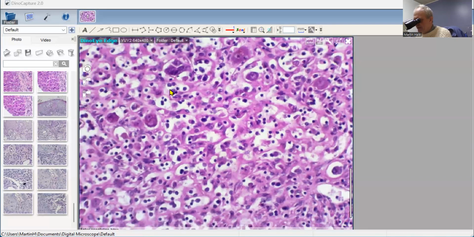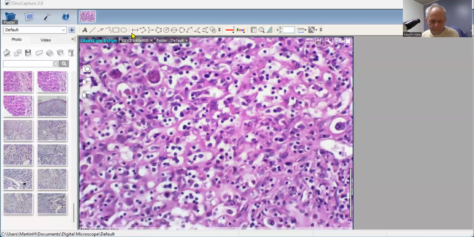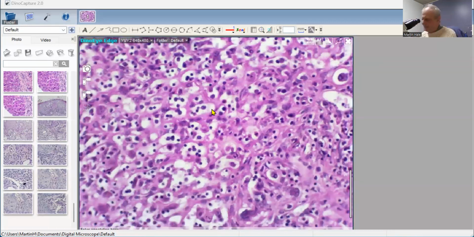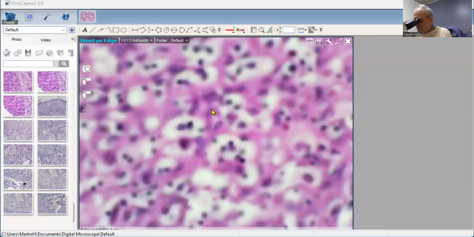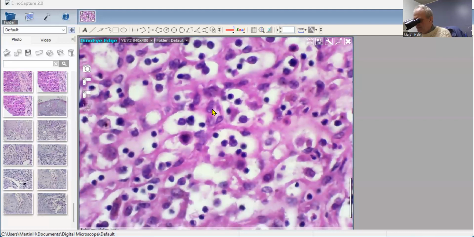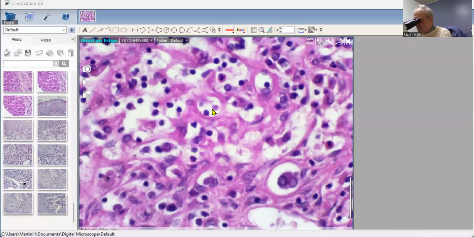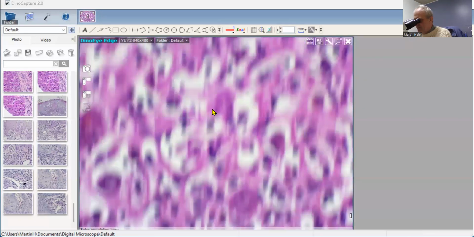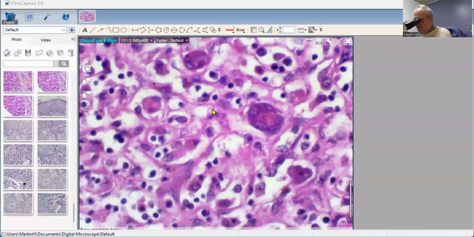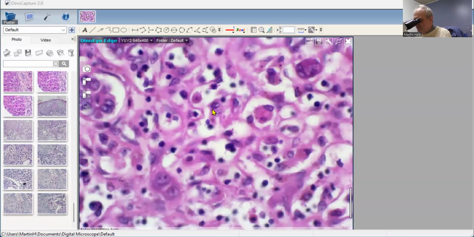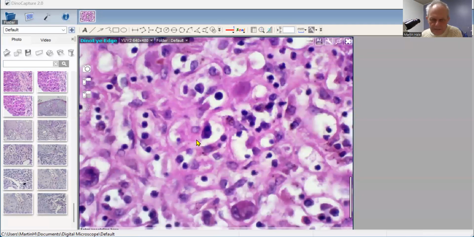And if we look at the inflammatory infiltrate, we've got lots of lymphocytes. We've got histiocytes. And we've got lots of plasma cells. So there is a cluster of plasma cells. That's a big plasma cell.